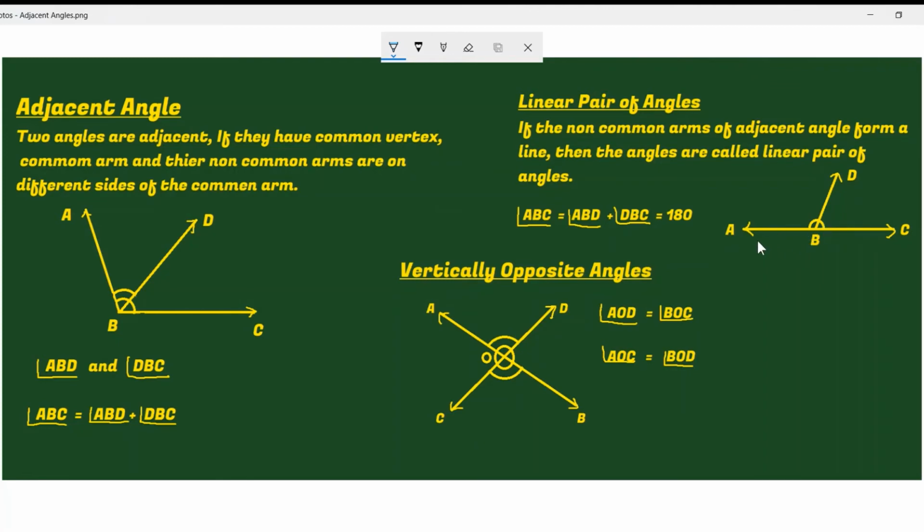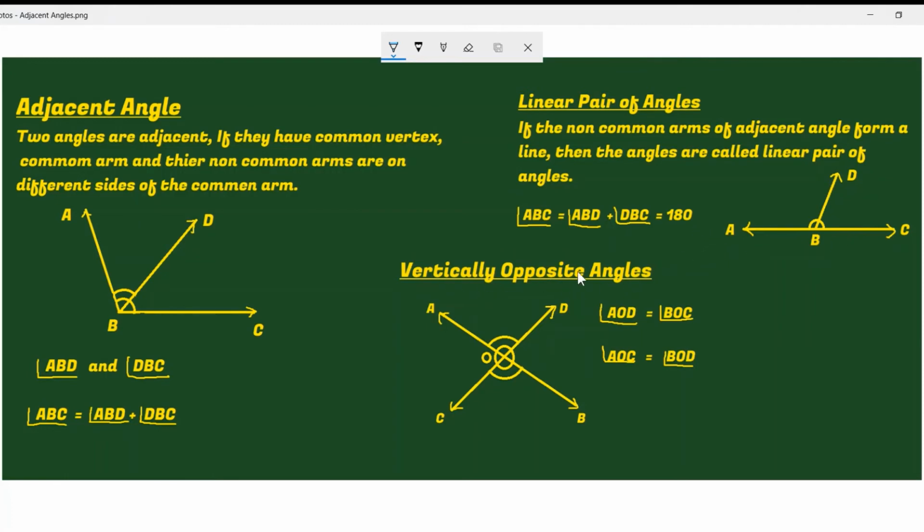Here you can see AB and BC forming a line. Then the angle between AB and BC is this whole angle, so this would be 180 degrees. So we can tell angle ABD plus DBC is equivalent to 180 degrees.